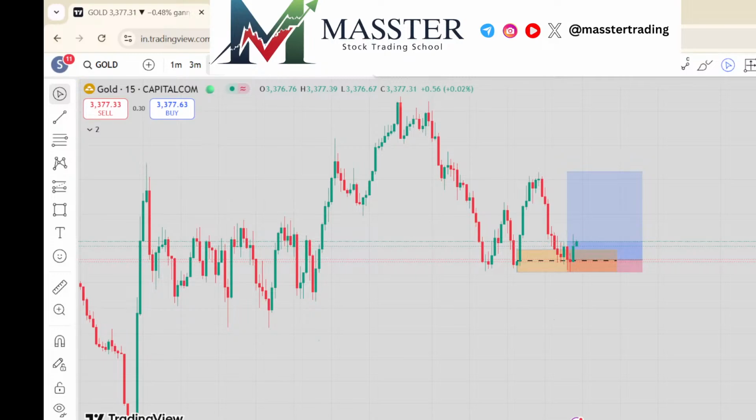So currently you can see that gold is trending around the 3377 level after a period of consolidation. If you observe closely, the price recently tested the highlighted support area.